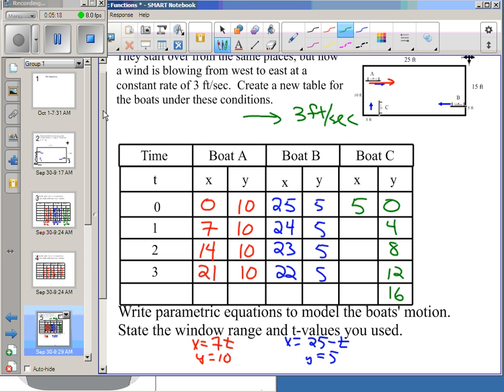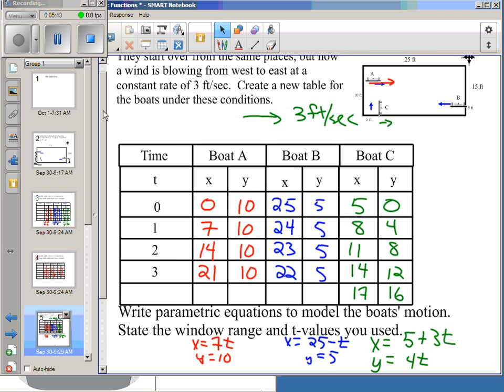So instead of staying a constant 5, at 1 second it will have been pushed 3 feet to the east, so it will be at 8, and then another 3 feet, and another 3 feet. And so its x equation is now 5 plus 3t, and its y equation is 4t. Okay?